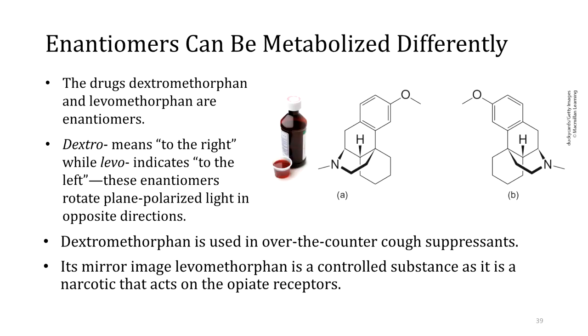Here's an example: dextromethorphan and levomethorphan are enantiomers. Dextro is for the one that is right polarizing, and levorotatory is left polarizing. One turns out to be a cough suppressant, and the other one is a controlled substance that interacts with opiate receptors in your body.